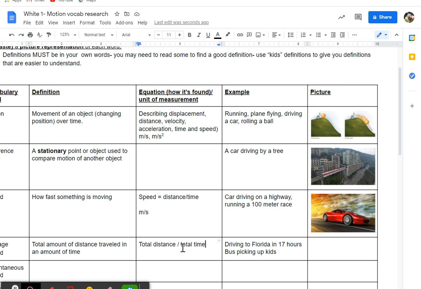But for us to understand it, using the word total makes more sense. So you're calculating all of the distance that the bus or the car is driving and dividing it by the total time. Even the time that it stopped, or going super slow, or going super fast, all of that time is included. All right, I really like the bus example, so I'm going to find that one.